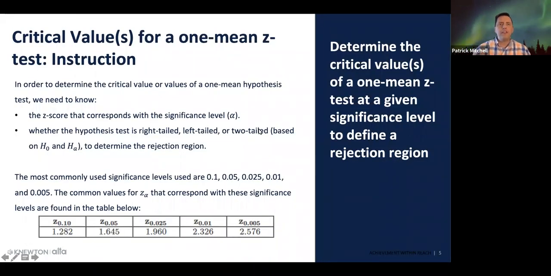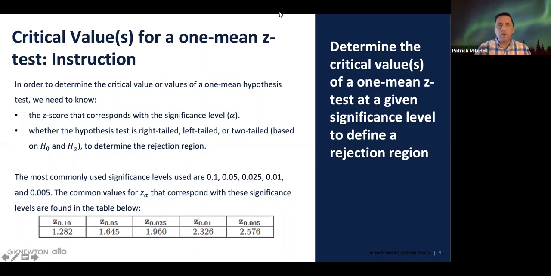In order to determine the critical value or values of a one-mean hypothesis test, we need to know the z-score that corresponds with the significance level alpha, and whether the hypothesis test is right-tailed, left-tailed, or two-tailed, which is based on the alternative hypothesis. You can make that determination just from the alternative hypothesis.